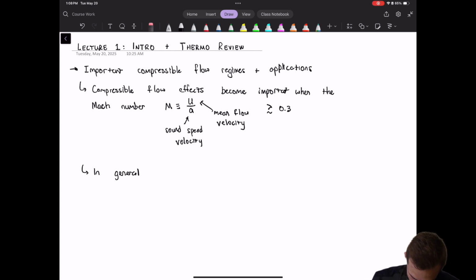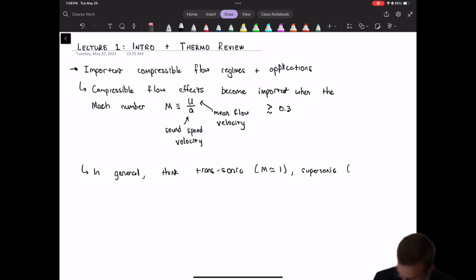So in general, the types of things that I want you to keep in mind: I want you to think about transonic, meaning Mach number of about 1, that's M approximately 1. Supersonic, which would be, of course, M greater than 1. Aircraft, so aircraft moving at those speeds.